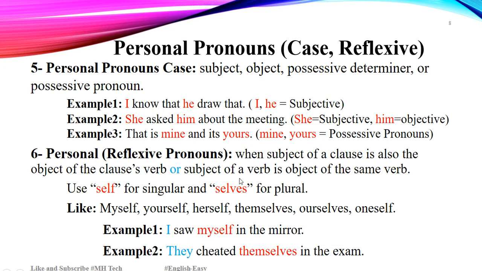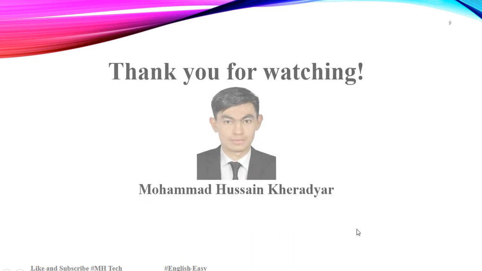So here myself is a reflexive pronoun. Example 2: They cheated themselves in the exam. Here themselves is a reflexive pronoun. So go to the next part.